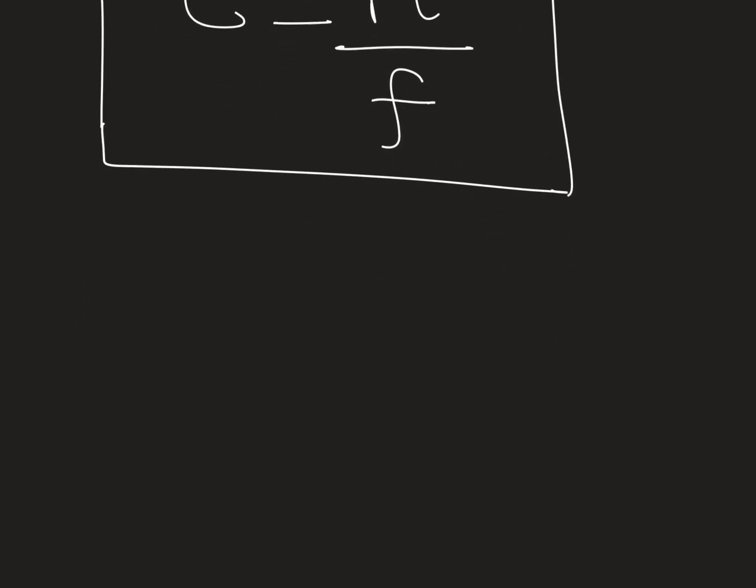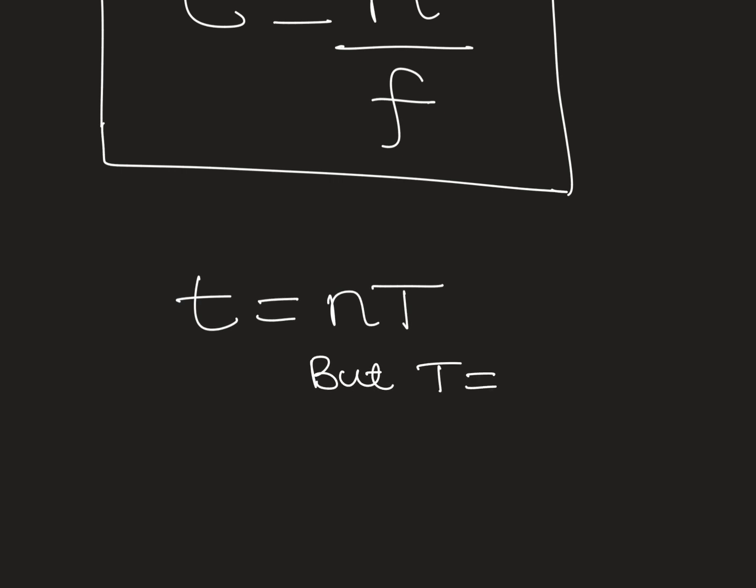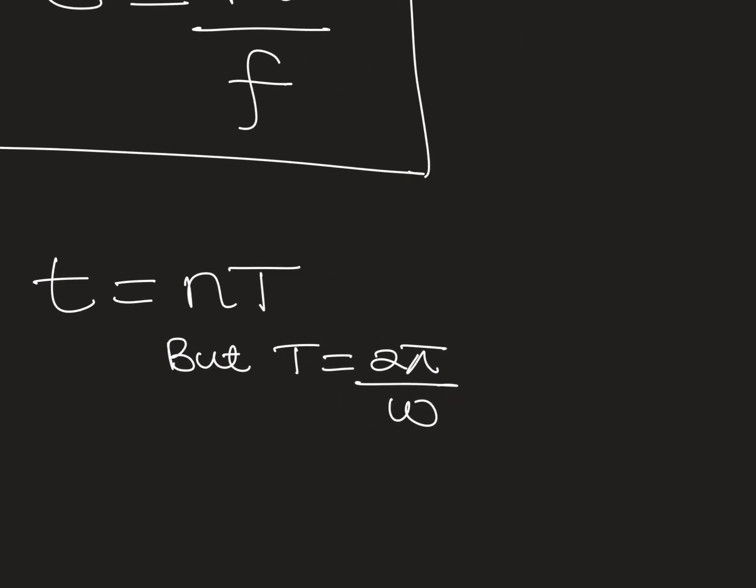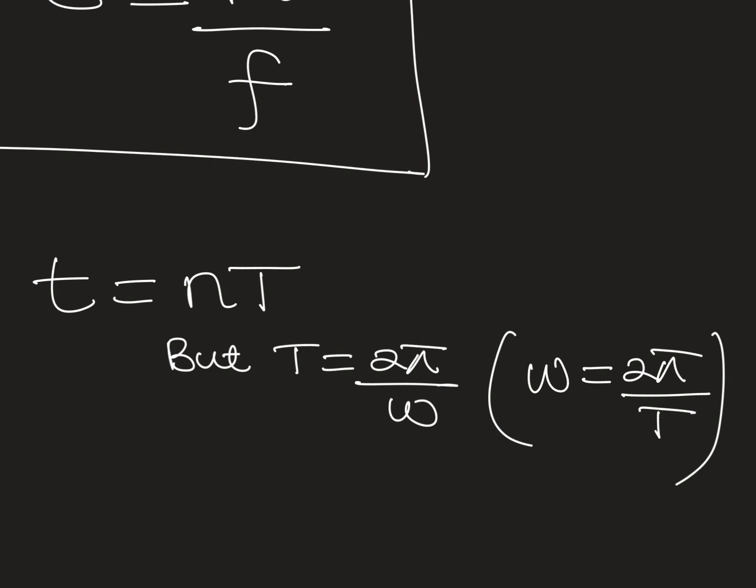Again, if we use t is equal to the number of rotation or the number of revolution multiplied by the period, but we know that period is equal to 2 pi divided by omega. This is from the formula, if you can recall, omega is equal to 2 pi divided by the period. So it's just a change of subject. So if omega equals 2 pi divided by T, if you want to make T the subject of the formula, T becomes 2 pi divided by omega.